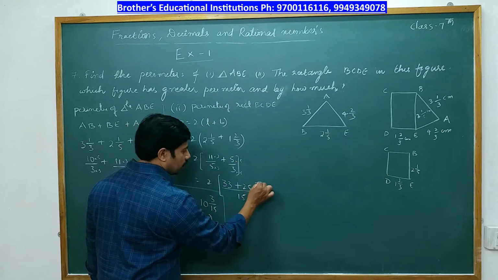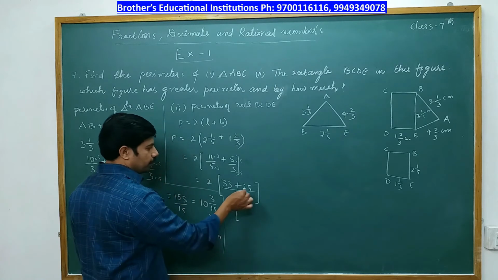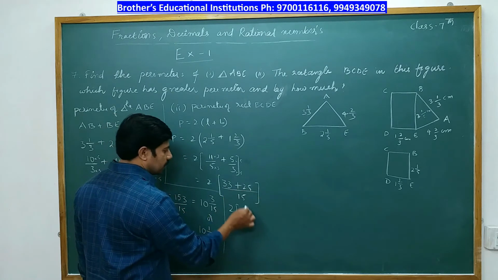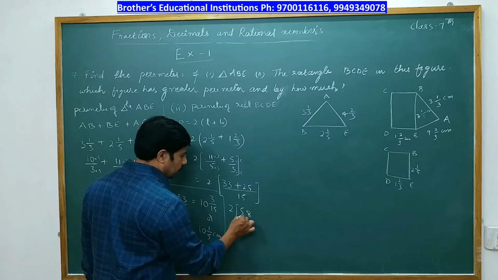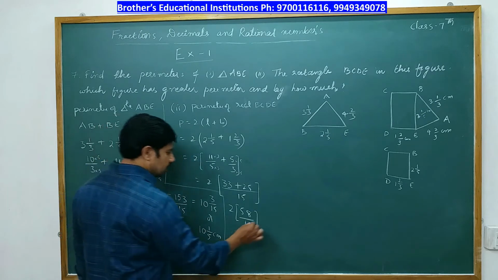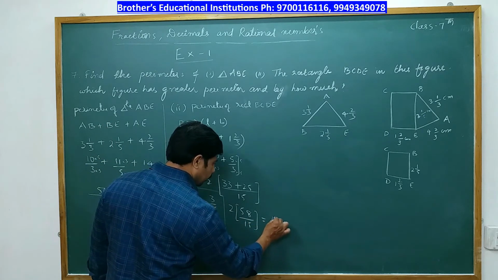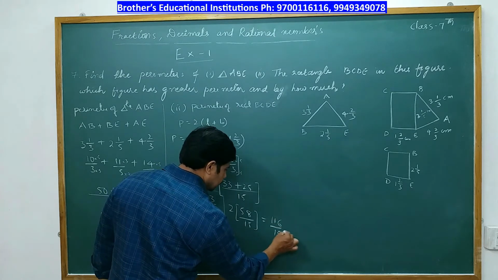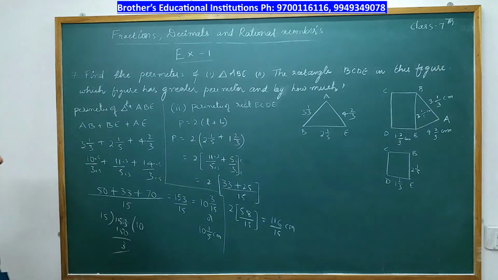We get 25. So 2 into, we'll add 33 plus 25 is 58 by 15. So this is equal to 58 into 2: 2 8s are 16, 2 5s are 10 plus 1, 11. So 116 by 15 centimeters.